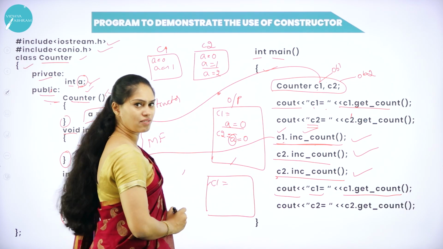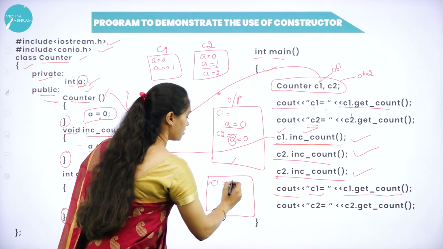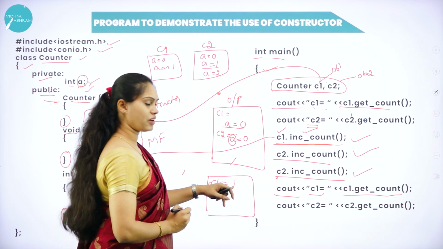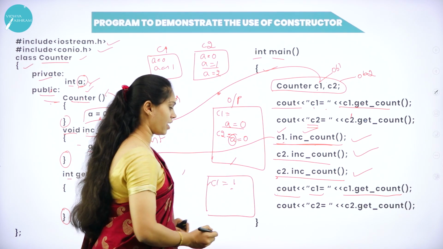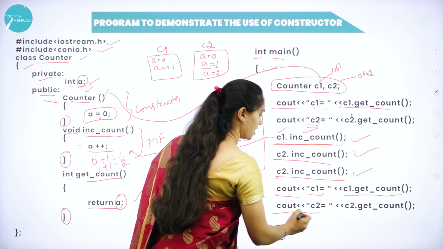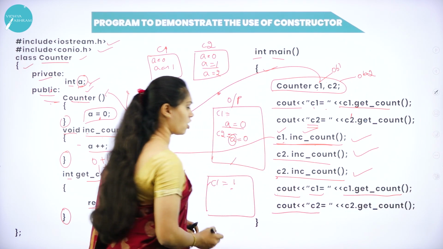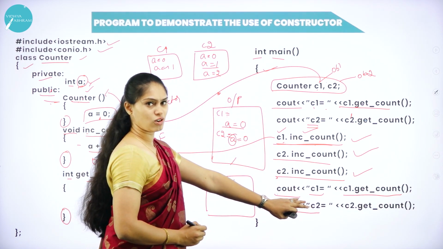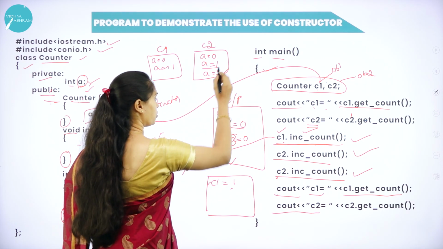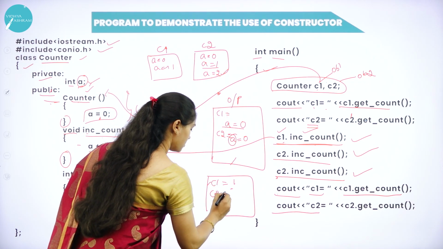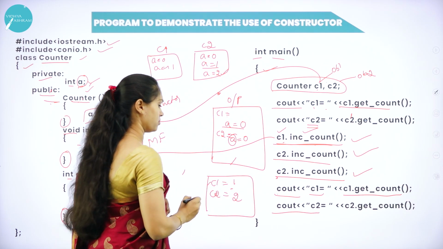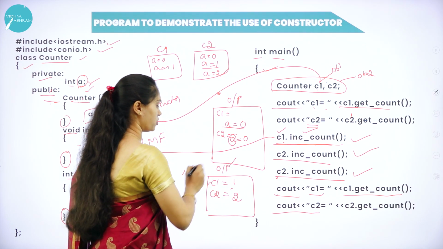It will return the value of A. So what is the value of that A? 1. That is regarding C1. And I have one more line, that is C2 is equal to C2.getCount. What is the getCount value of C2? That is 2. So C2 is equal to 2. So this will be the output.